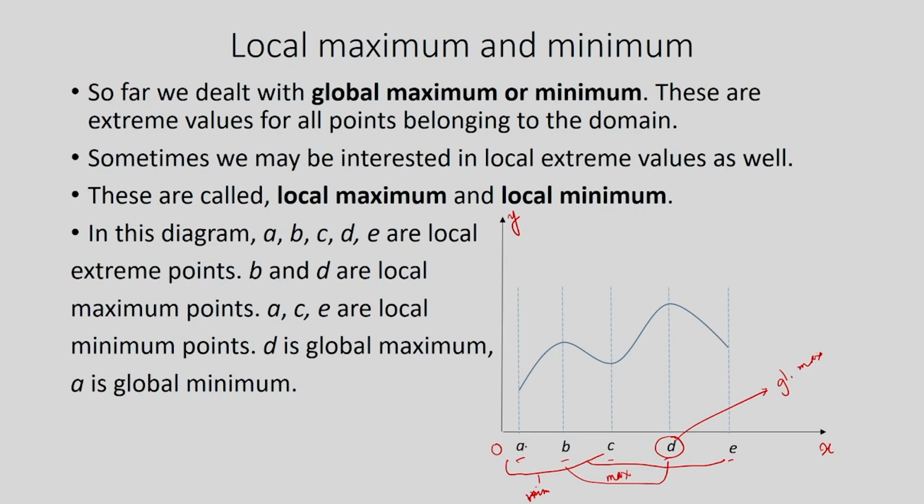On the other hand, between the three local minima, that is A, C and E, if I think about the global minimum, it will be A. This is the global minimum.